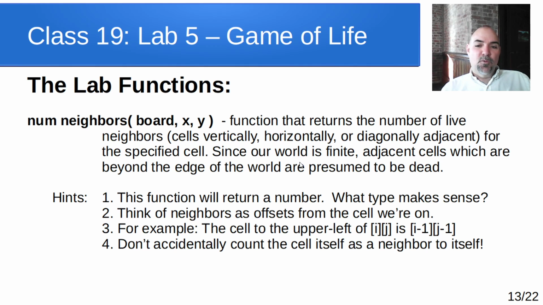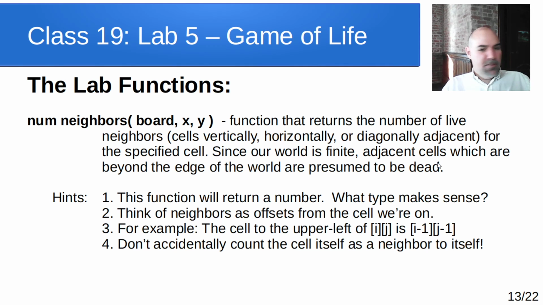So, since our world is finite, if a cell is next to an edge, meaning all the way against, let's say column 0, or in row 0, or in the column that's all the way on the right, or in the row that's all the way on the bottom, if it's in one of those, then we cannot look at the cells after that or outside of the range of the array. So in other words, we need to make sure that we handle that case.